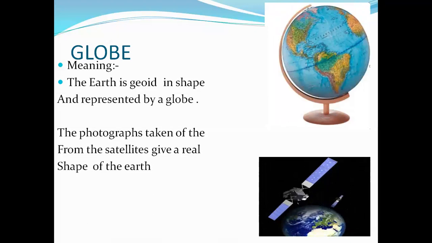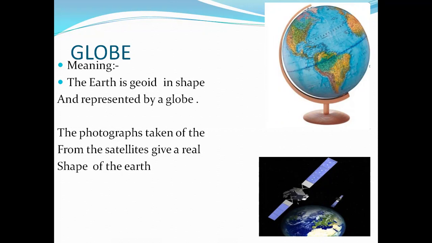What is the shape of the earth? The shape of the earth is like an orange, a spherical shape. The photographs of the earth taken from the satellite give a real shape of the earth, but we can see only one side of the earth.